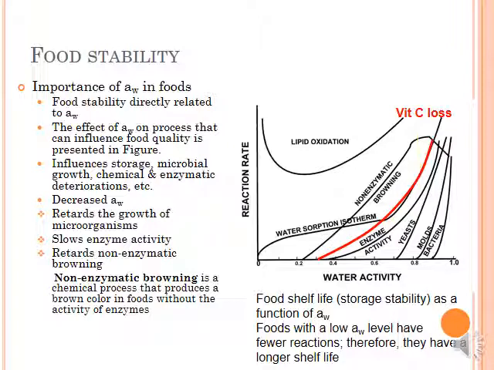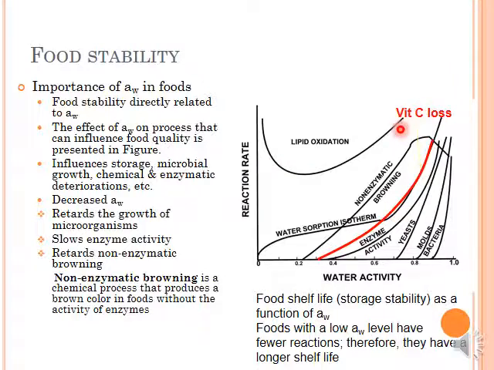Okay, so next we move on to different reactions at the range of water activity from 0 to 1. I have mentioned lipid oxidation just now. This is the typical curve for lipid oxidation.